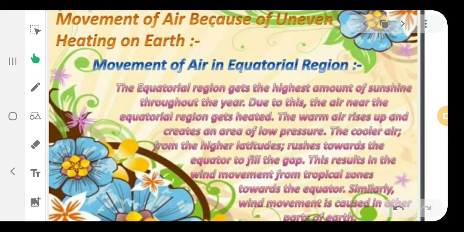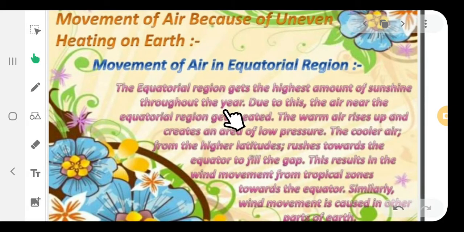Then movement of air because of uneven heating of earth. Movement of air in equatorial region. We all know in geography we have learnt what is equatorial region, then polar region. So how the air moves or the wind moves in equatorial region? The equatorial region gets the highest amount of sunshine throughout the year.